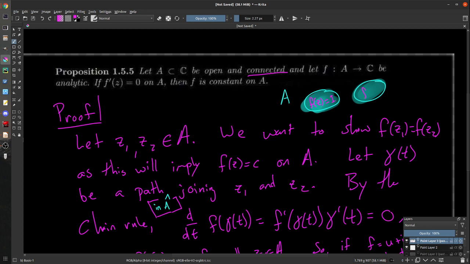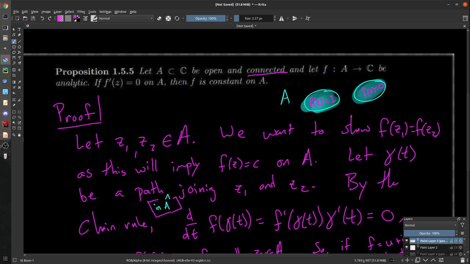And on the other chunk, I'll have f of z be equal to 0. Then f prime of z is 0 on all of A, because it doesn't change on either one of them. But it is not constant on A.